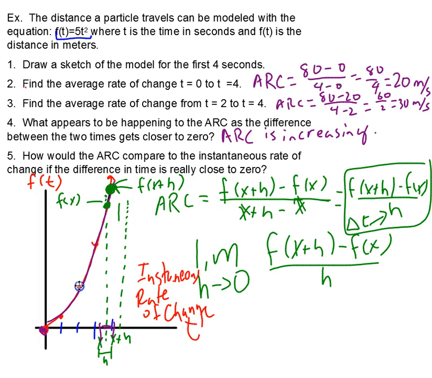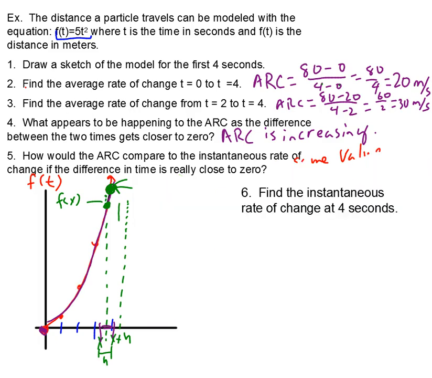And so how would the average rate of change compare to the instantaneous rate of change if the difference in time is really close to 0? They would be pretty much the same value, if this difference in my x values, or time values in this case, is approaching 0. Now let's take a look at how we can use this to solve a problem.